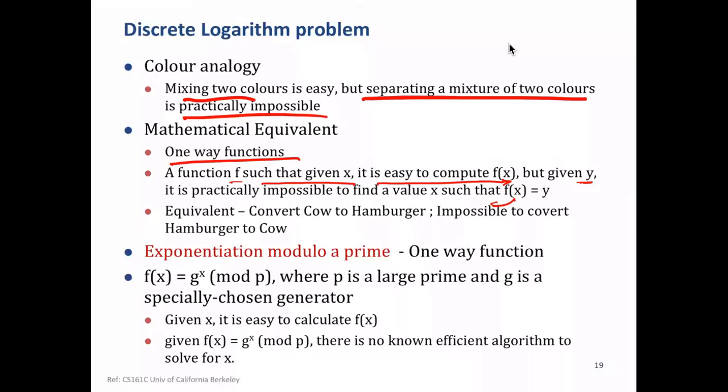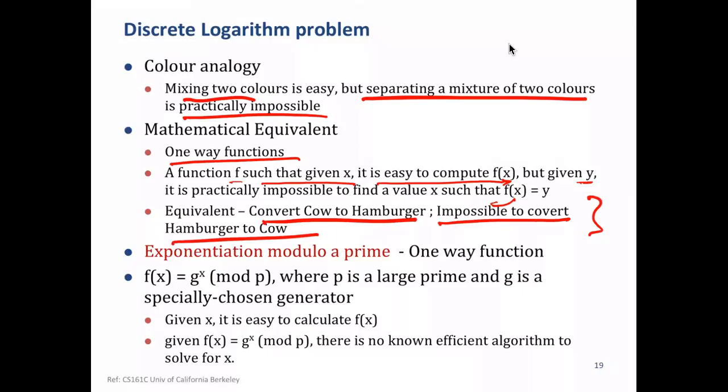So reversing, from the answer y getting back to one of the arguments, is impossible. One analogy you can see pictorially is that you can convert a cow into a hamburger, but it is impossible to convert a hamburger into a cow. Of course, it's not a good example, but still it is given in the book.